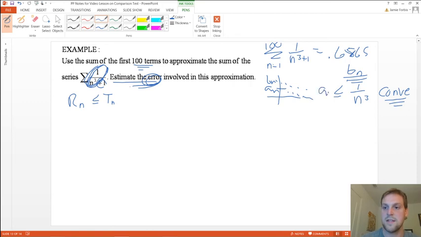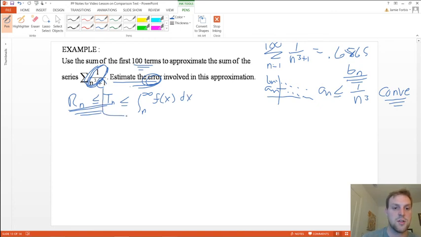Since A sub n is less than or equal to B sub n, I know that A sub n's remainder is also less than or equal to B sub n's remainder, right? If that's the case, then this inequality is true, and thus this inequality is true as well, the integral from n to infinity of f of x dx.